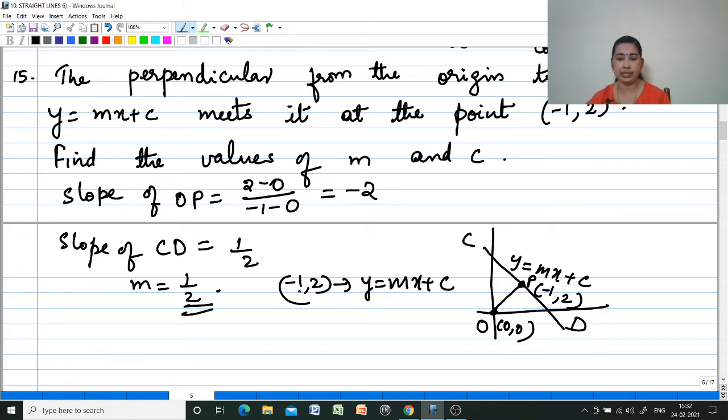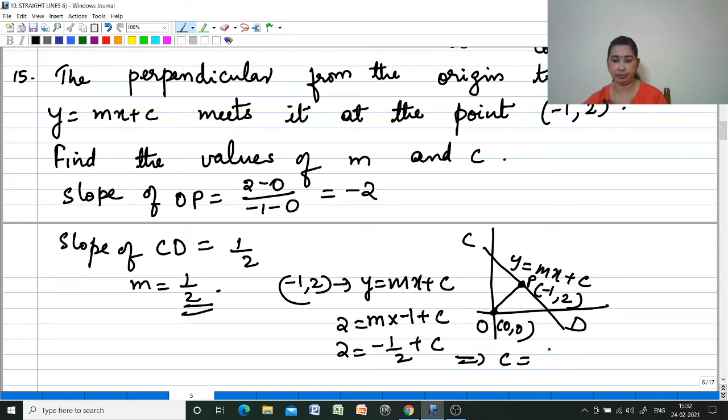Putting x as -1 and y as 2, we get 2 is equal to m into -1 plus c, and the value of m is 1 by 2. So 2 is equal to -1 by 2 plus c, or c is equal to 5 by 2. So we got the value of m as 1 by 2 and c as 5 by 2.